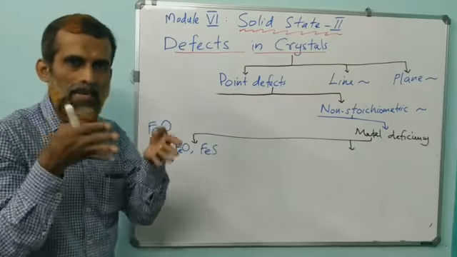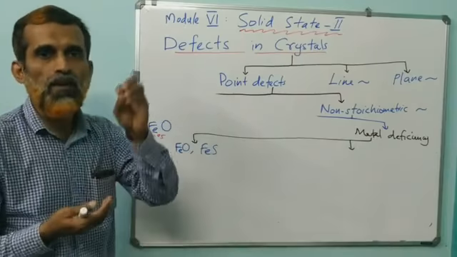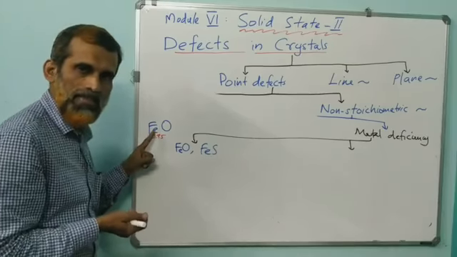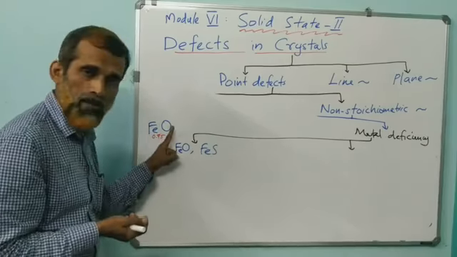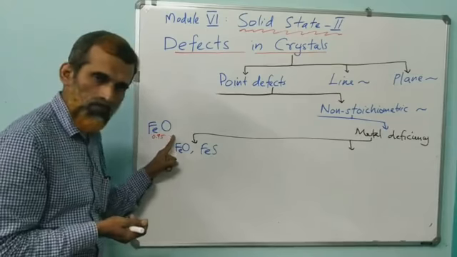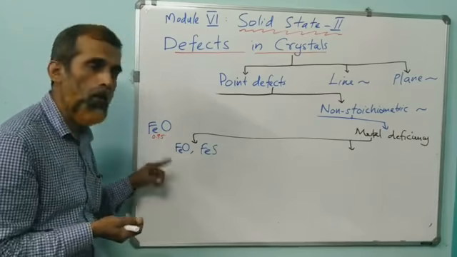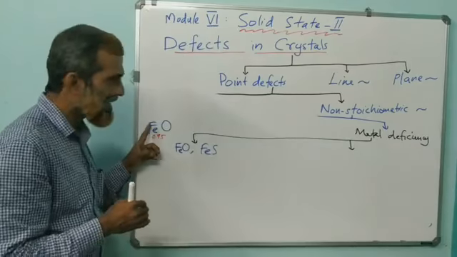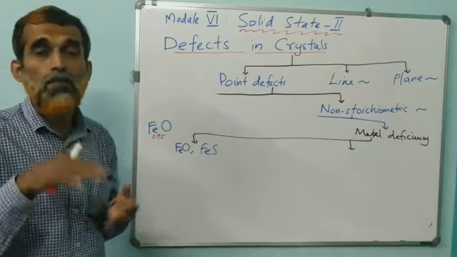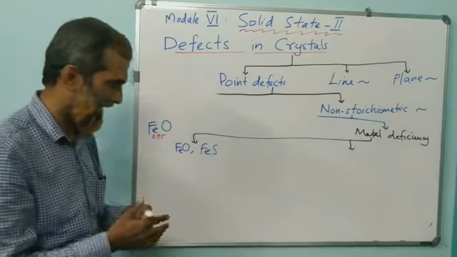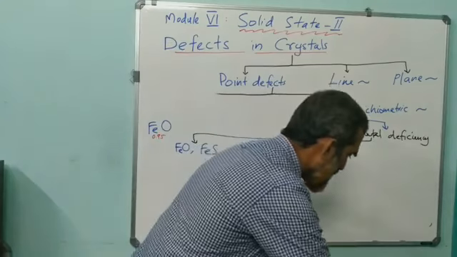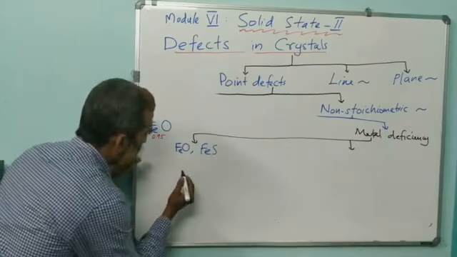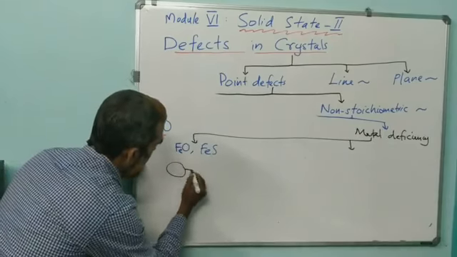But in the actual crystal, if we investigate, we see that the ratio is not 1:1. If oxide is 1, iron is only 0.95. That means there is some metal deficiency. Some Fe2+ ions are missing in the lattice. So that is a kind of defect shown by FeO and such non-stoichiometric compounds. Let us represent the defect now.